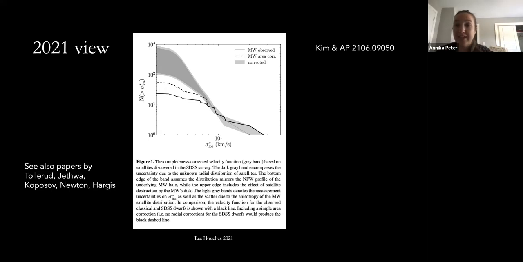So they were able to identify it as a set of stars that all looked like they belonged to the same stellar population moving together coherently in the sky. They really needed the velocity information from Gaia to confirm the satellite.